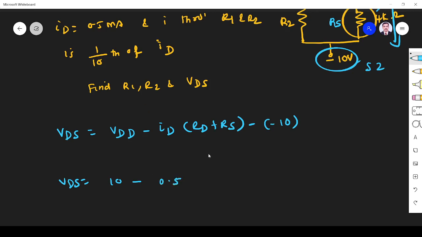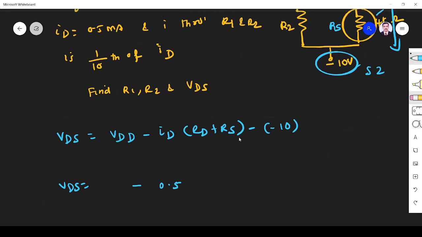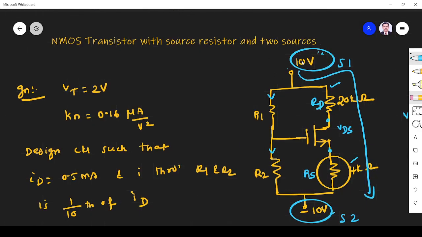Here VDD, that is what we have to mind very carefully. Here you see, if it is simply 10 volt, it is with respect to ground. Supply voltage means it is with respect to ground 0 volt, but here ground is at minus 10. So what is the supply voltage?